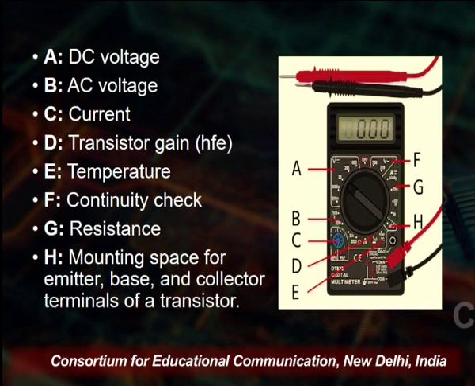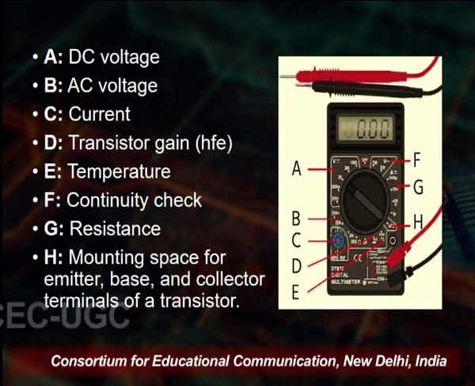This will give the particular range of the AC voltage. Now C gives the current, and D gives the transistor gain, defined by hFE. Another is the temperature, defined by E. F defines the continuity check, like if the wire is damaged, we will not get the continuous beep.